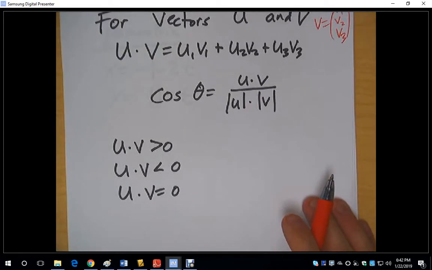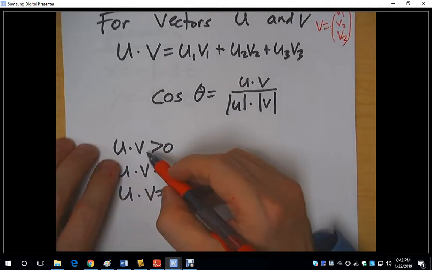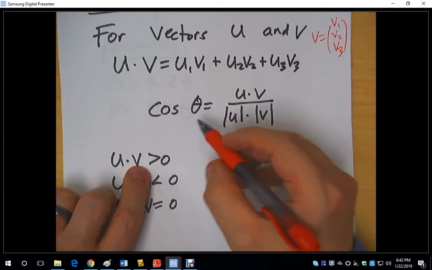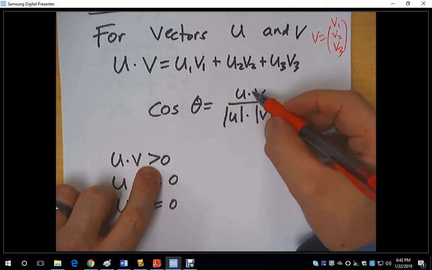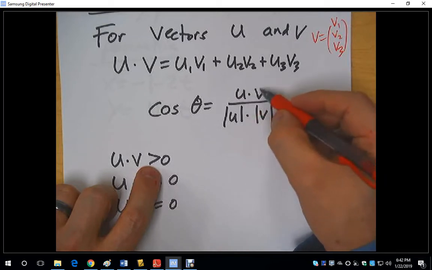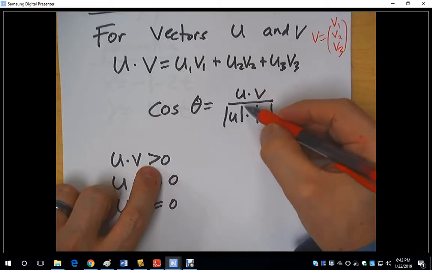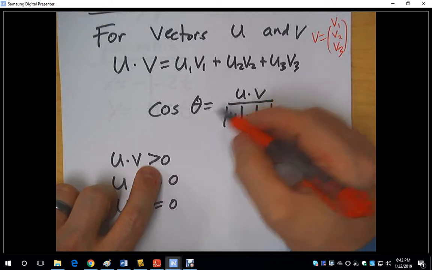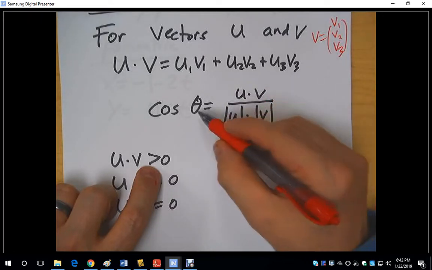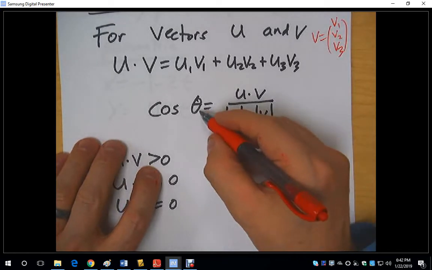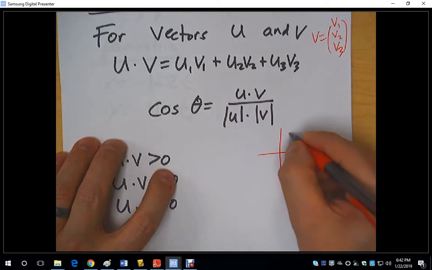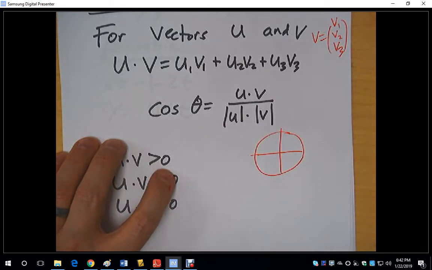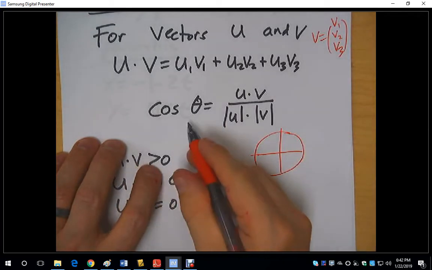It's also pretty relevant that we know what happens if u dot v is greater than 0. That means we have a positive value here, because the denominator is always going to be positive. So what does it mean if cosine theta is positive? Well, what is cosine theta? If we consider the unit circle, cosine theta is the x value. So when is the x value positive?